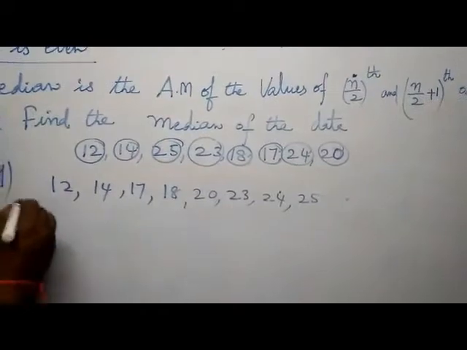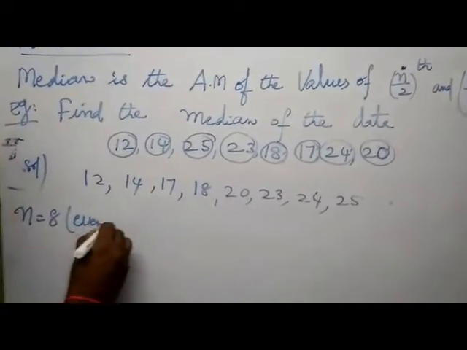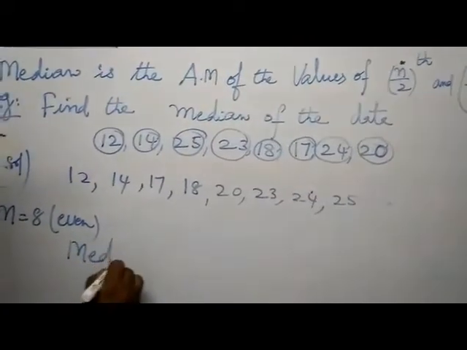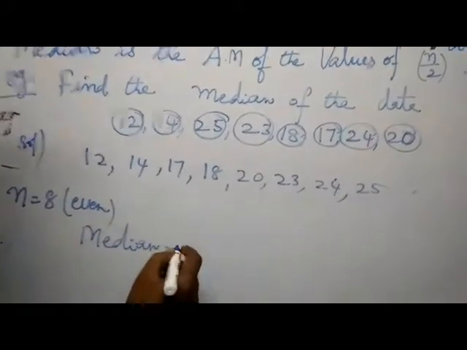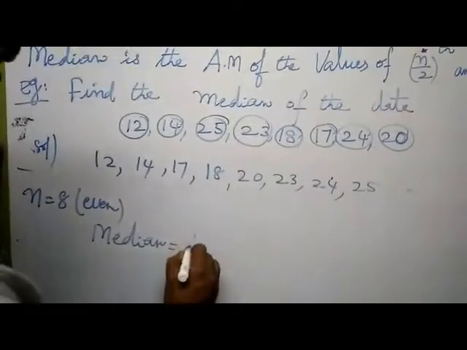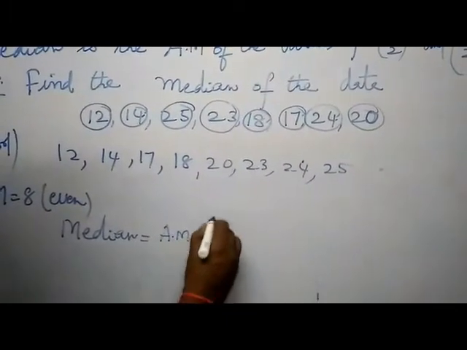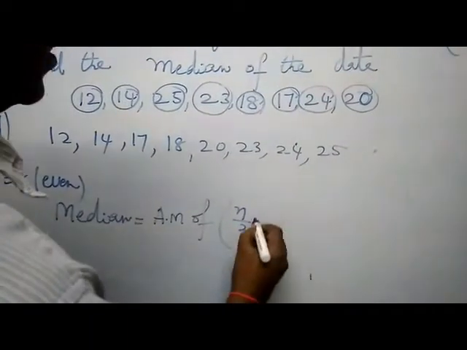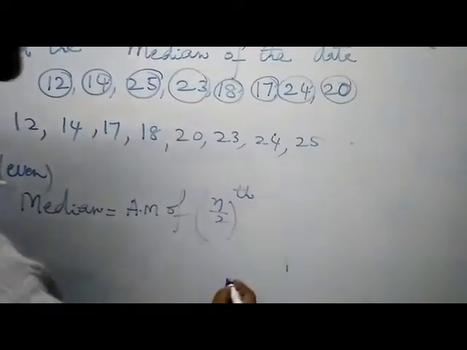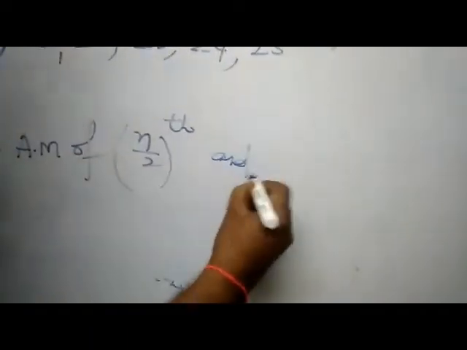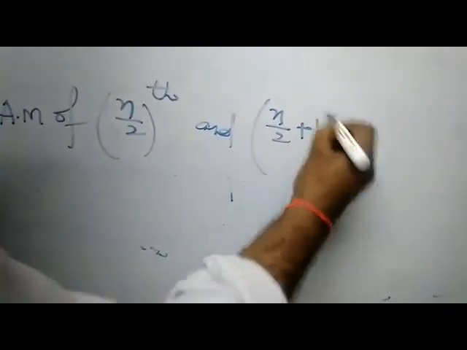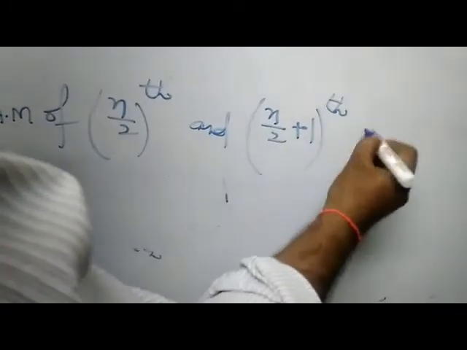8 is even. If n is even, median is equal to the average, the arithmetic mean, AM of n by 2th observation and n by 2 plus 1th observations.